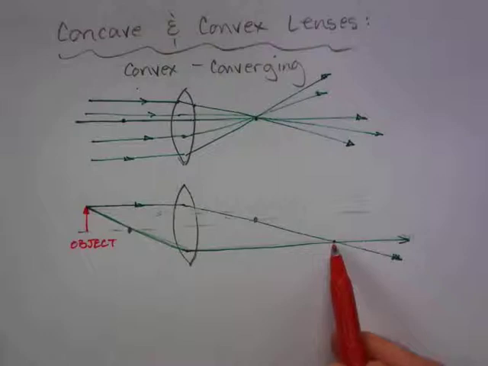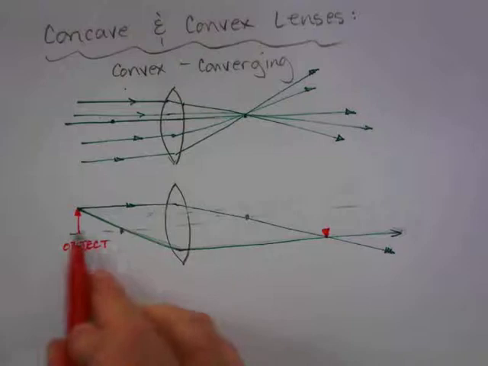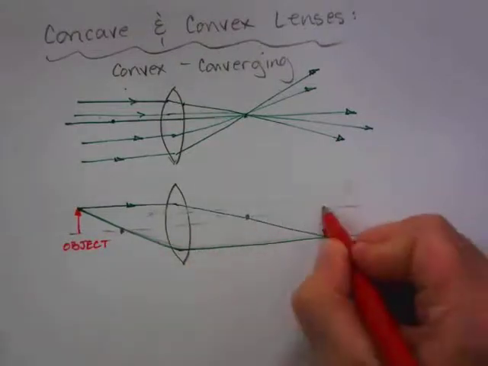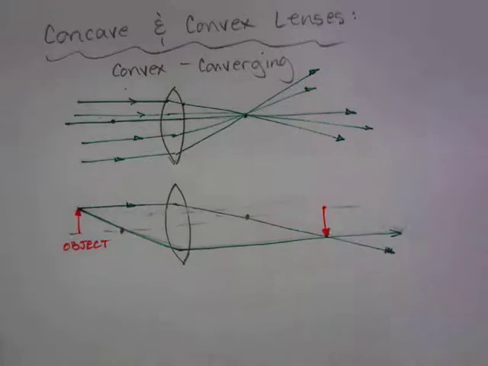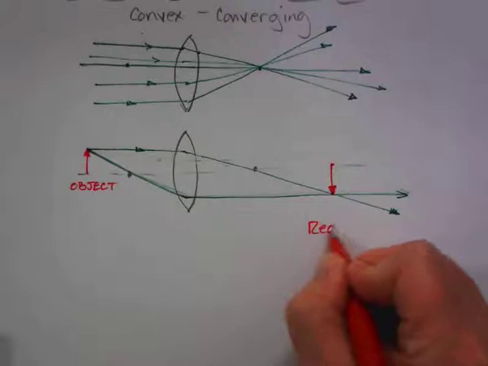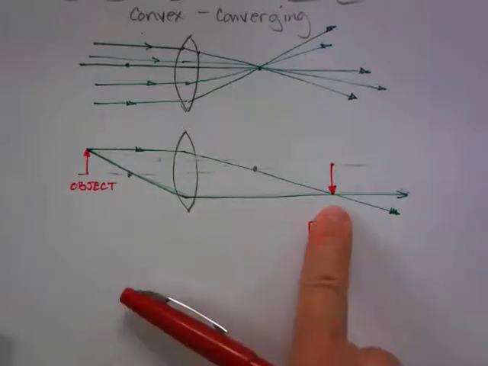All right, where did this light come from? Top or the bottom of the object? Top, so that's the top of the image that's formed. And light that goes along the principal axis will do what? Stay on that, so there's the bottom, connect the two, there's our image. That is a real image. How do I know it's real?